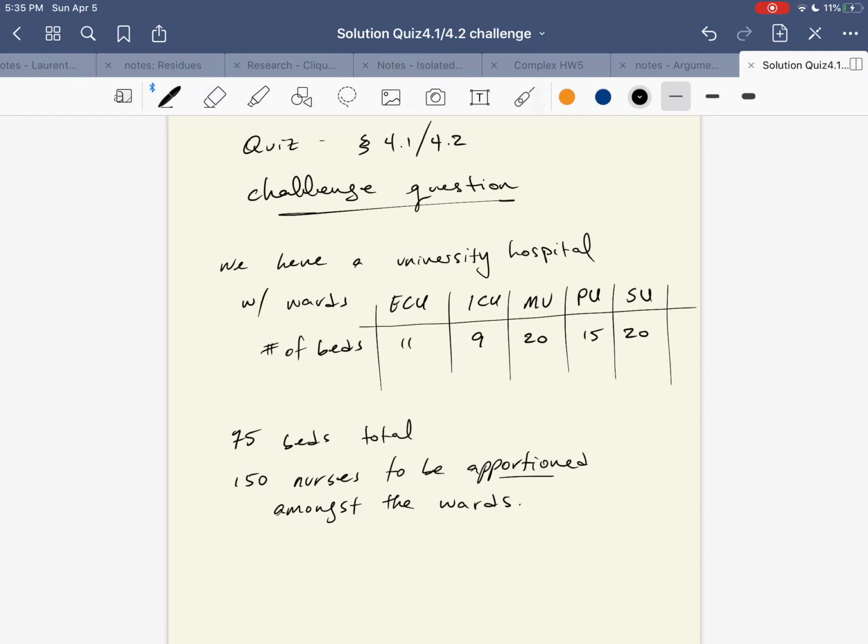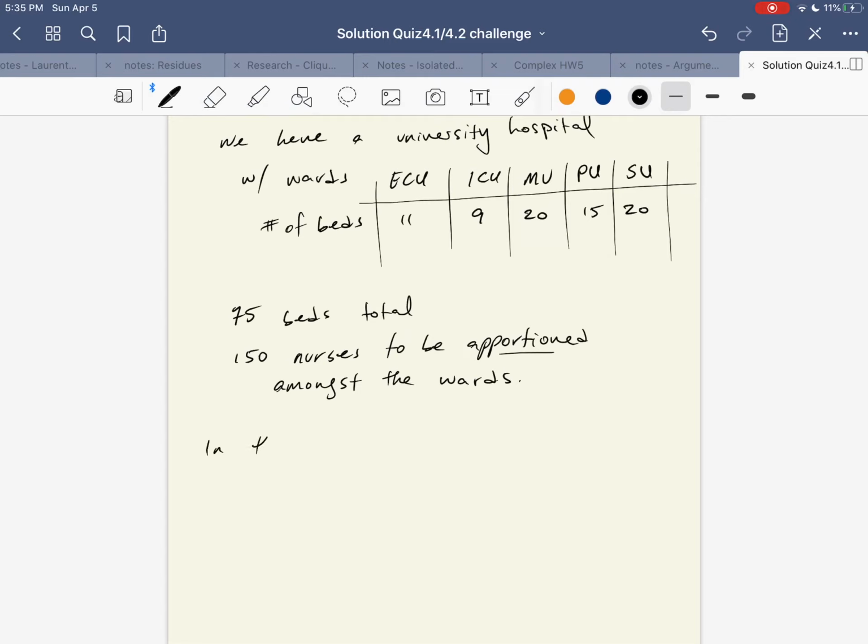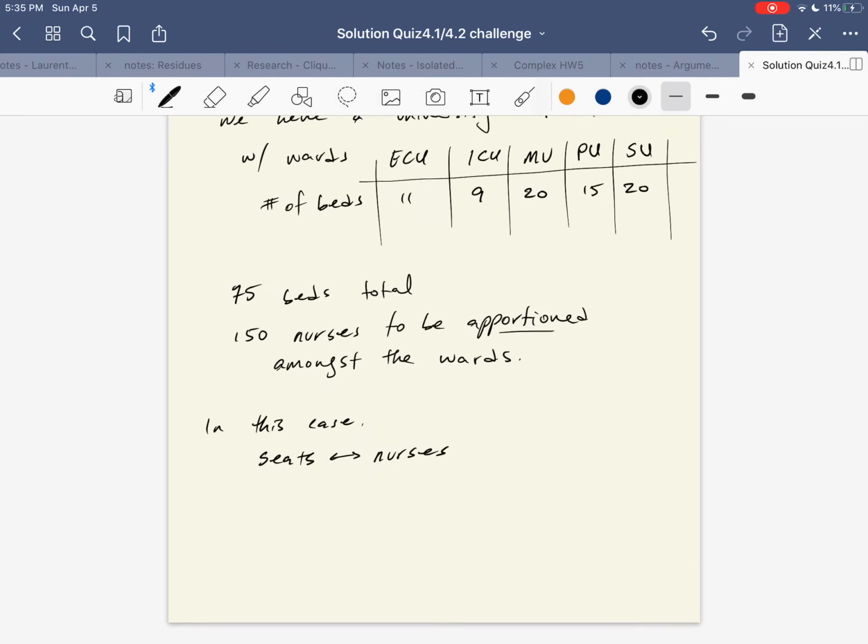We apportion seats. And so in this case, the seats are nurses. Why don't I say a little arrow like that? Seats are nurses.